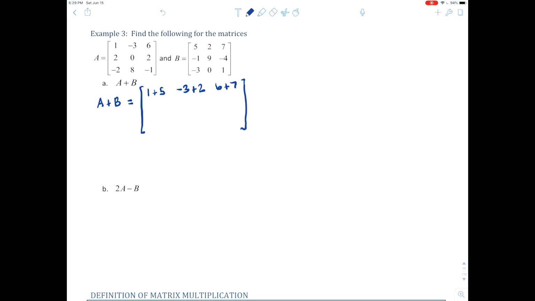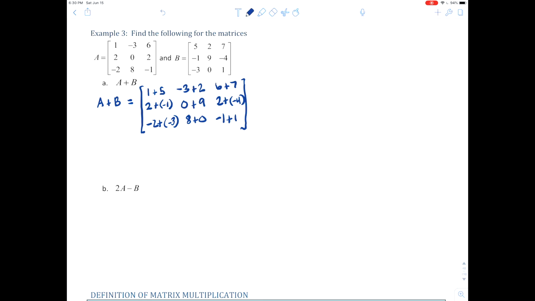And then we'd have 2 plus -1, and then 0 plus 9, and 2 plus -4. And lastly, we would have -2 plus -3, 8 plus 0, and then -1 plus 1.